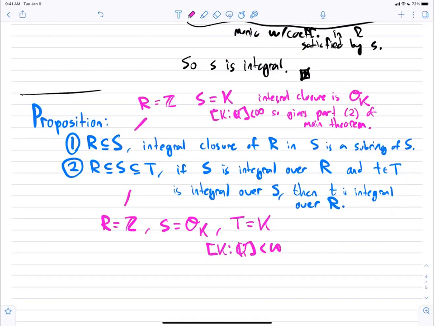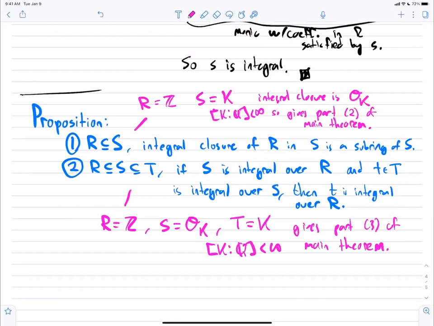Then this gives part 3 of the main theorem. So that part 3 said that O_K was integrally closed.